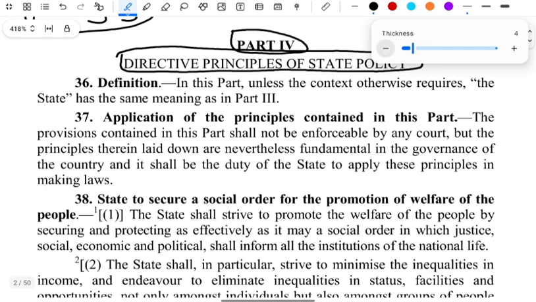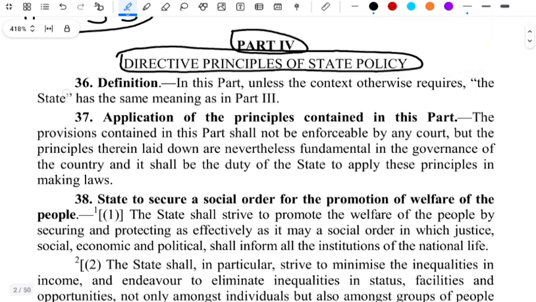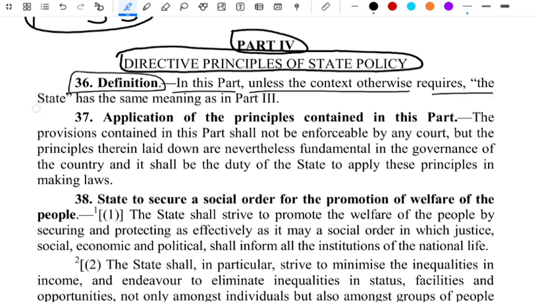Okay, so first is Article 36. DPSP starts with Article 36, that is the definition. Here in this part, unless the context otherwise requires, the State has the same meaning as in Part 3, as we have studied in Article 12. There we studied the definition of the State. The same definition will apply in Article 36.